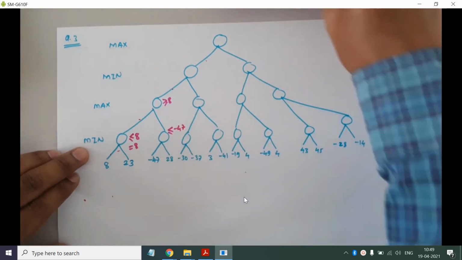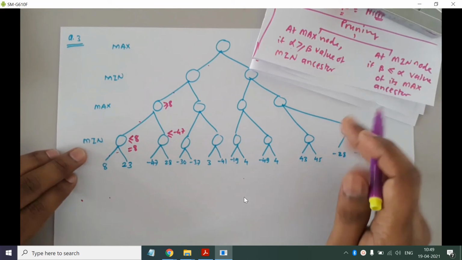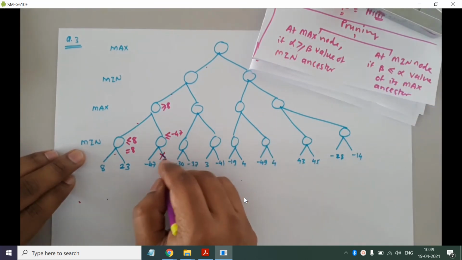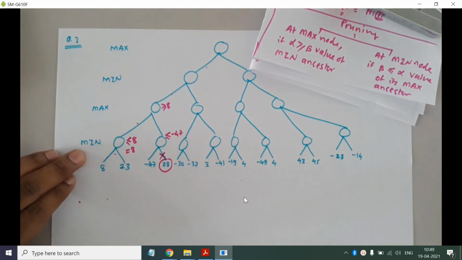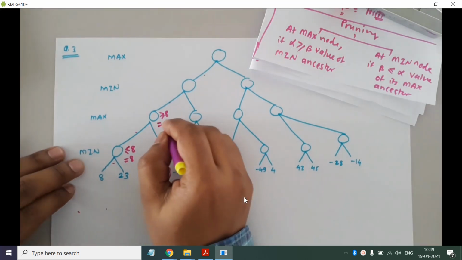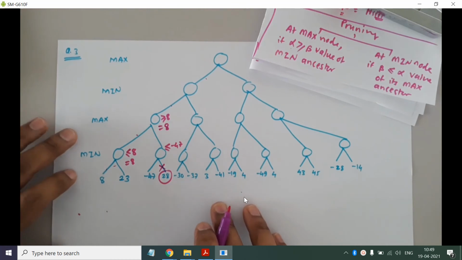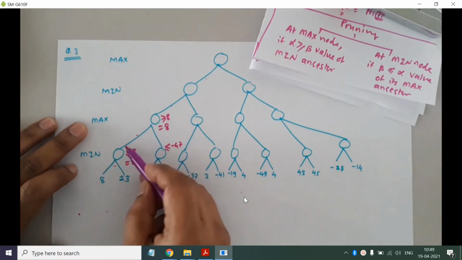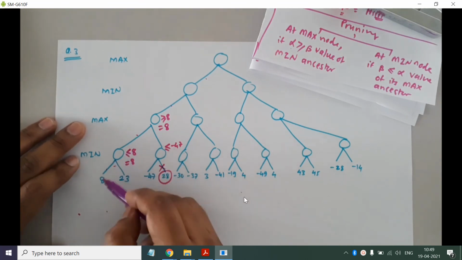So keep this condition handy: beta is less than alpha. So prune this. This node is pruned. So the final alpha value is 8. At this moment Max will take this action. In response, the best action possible for min is this one.